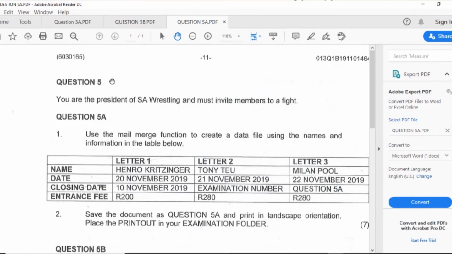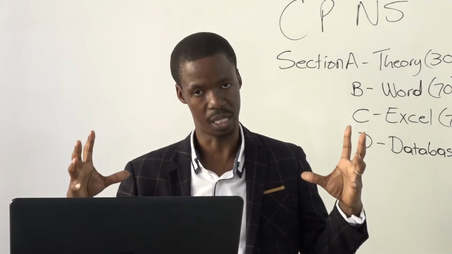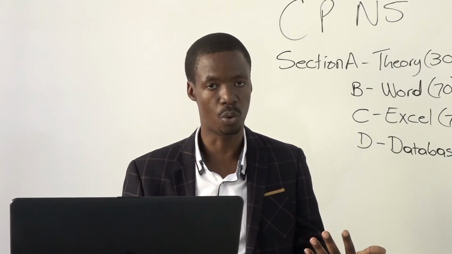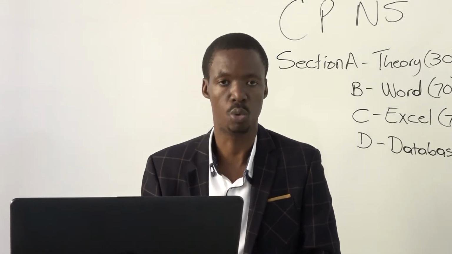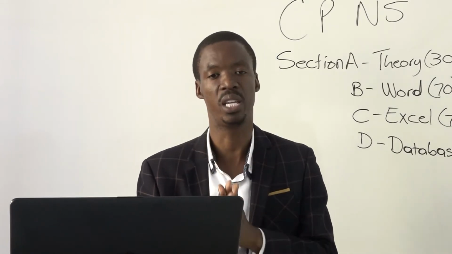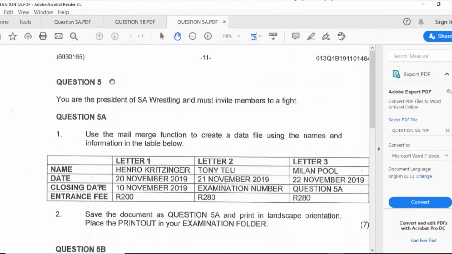Remember, ladies and gentlemen, before you do your mail merge, you must first have the database of the people that you'll be inviting. That is why your question 5A is very, very important. Now we have already read instruction number 1.